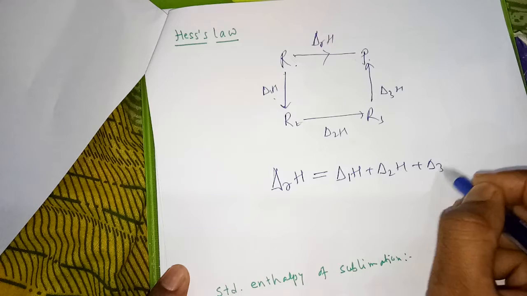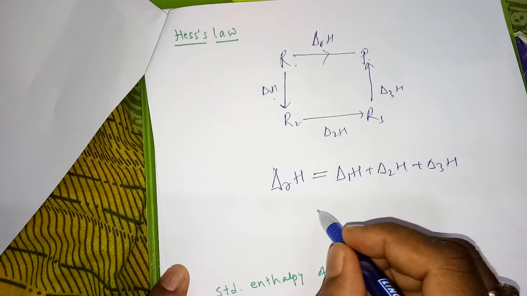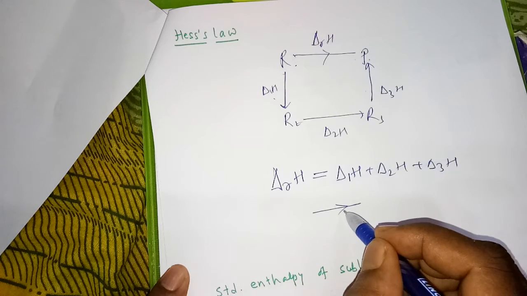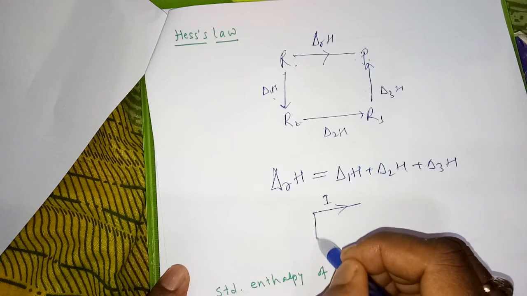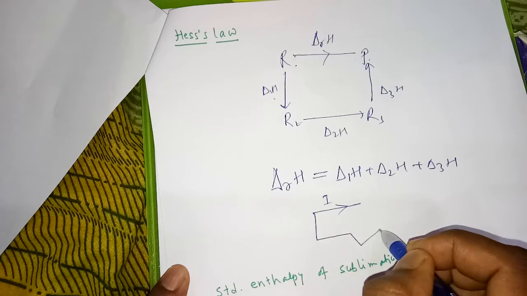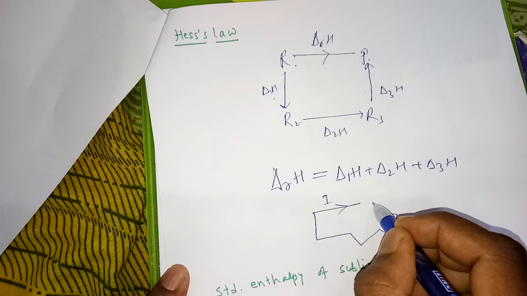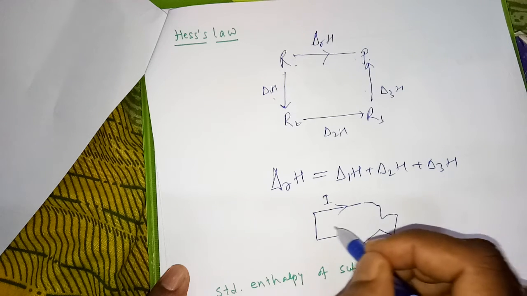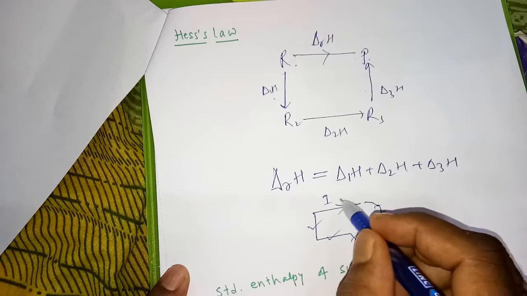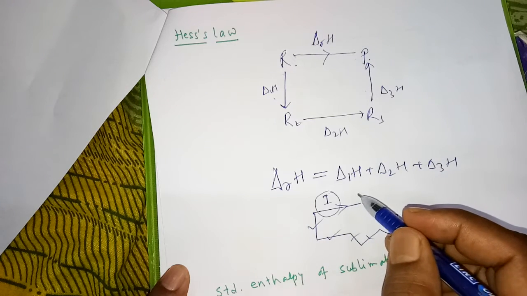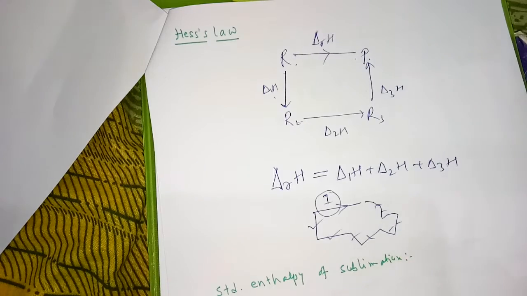So this law tells that whether a reaction takes place in one step or in a number of steps, the sum of the enthalpies of these steps is equal to the enthalpy of the one-step reaction. So that part you remember.